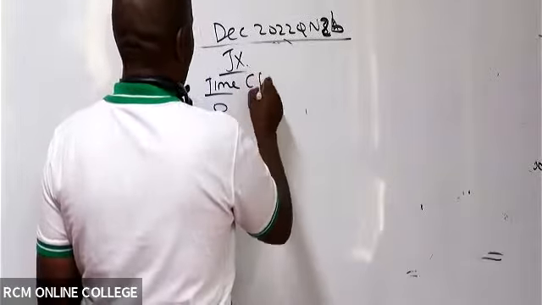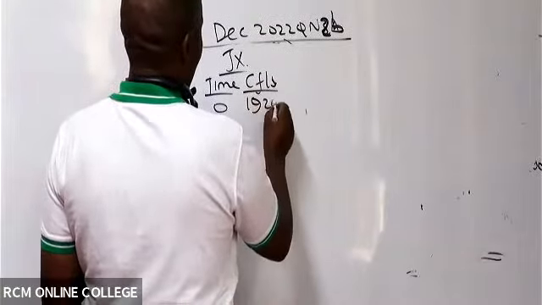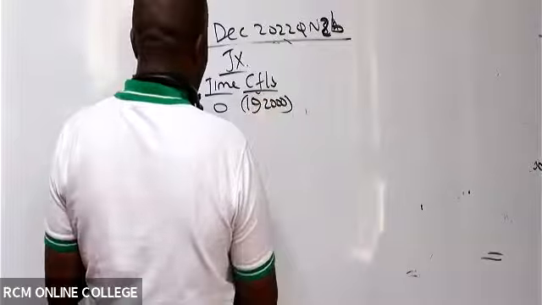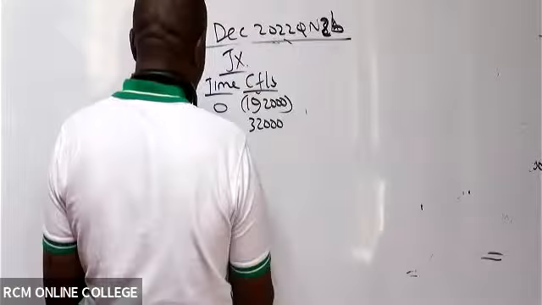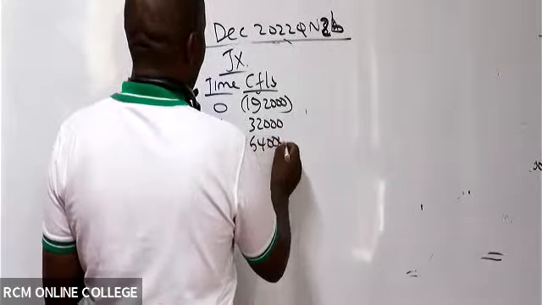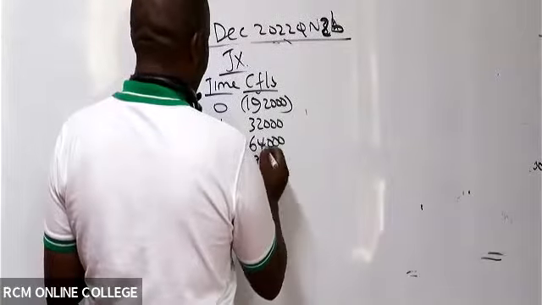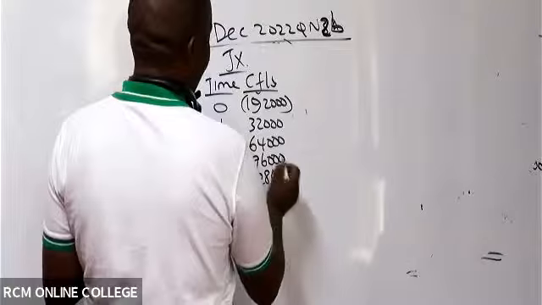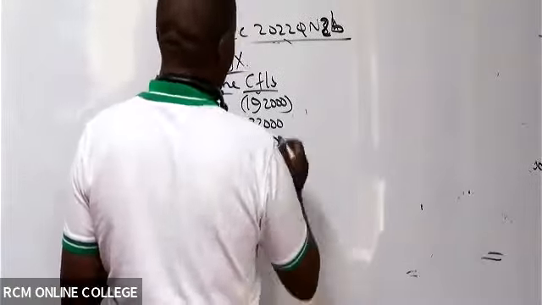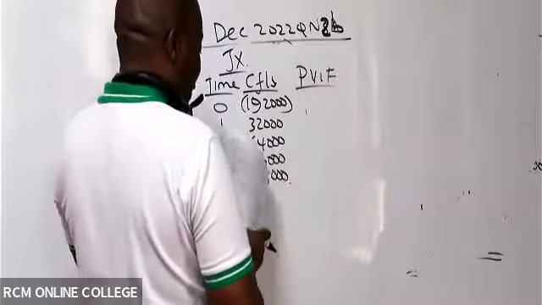Then the cash flows: 192,000 at time 0. We have 32,000, 64,000, 96,000, 128,000. Fortunately, we have the present value interest factors, the discounting factors.